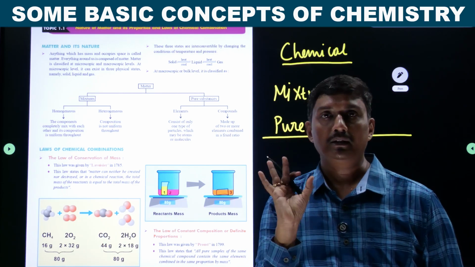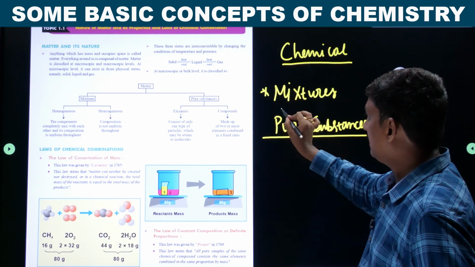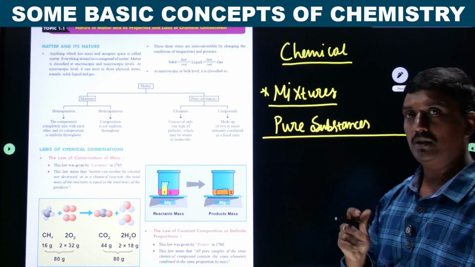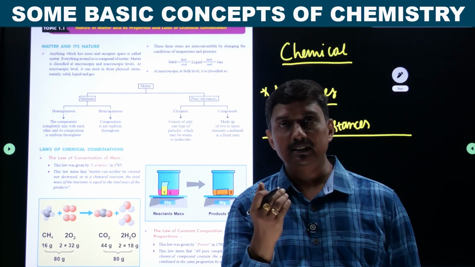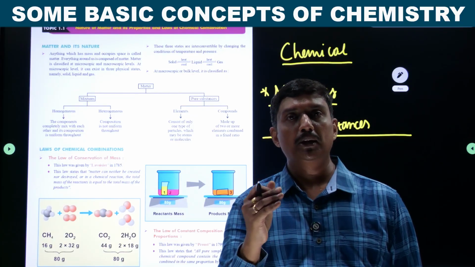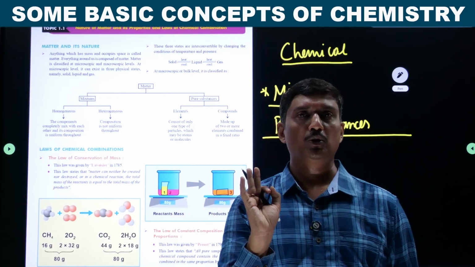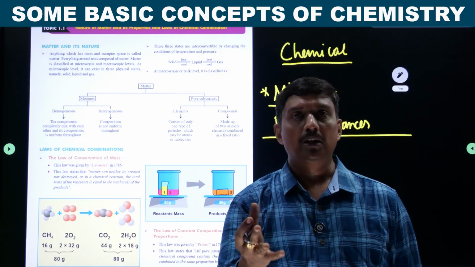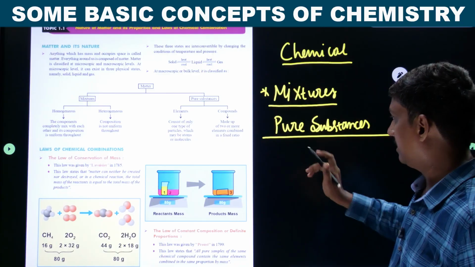Look here. The name itself states it: a mixture. What is the meaning of mixture? We have heard that a mixture is a substance made up of two or more substances. That is its literal meaning, and we apply the same thing here.